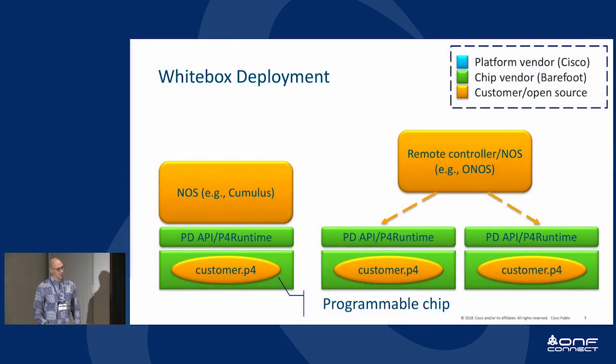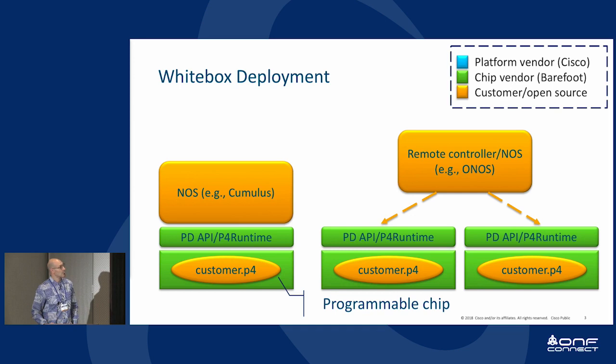Most often, I have the impression that when we think of P4 programmable switches, we think of a sort of white box deployment mode, where we have a programmable switch with a programmable chip, and the end user writes or uses available P4 code and an available control plane, either like an OS or a remote controller that controls multiple switches.